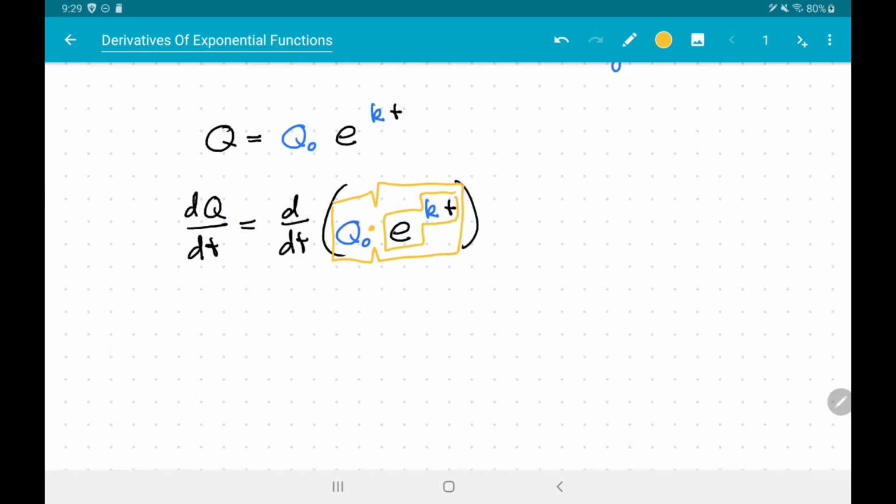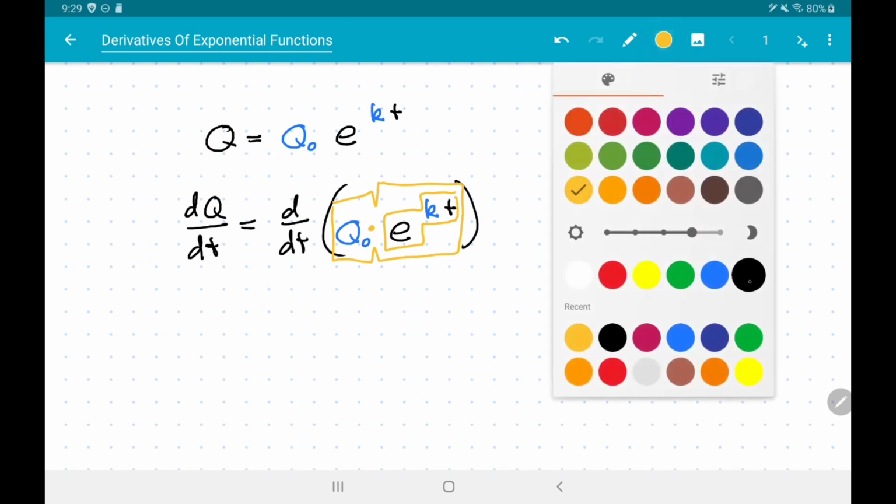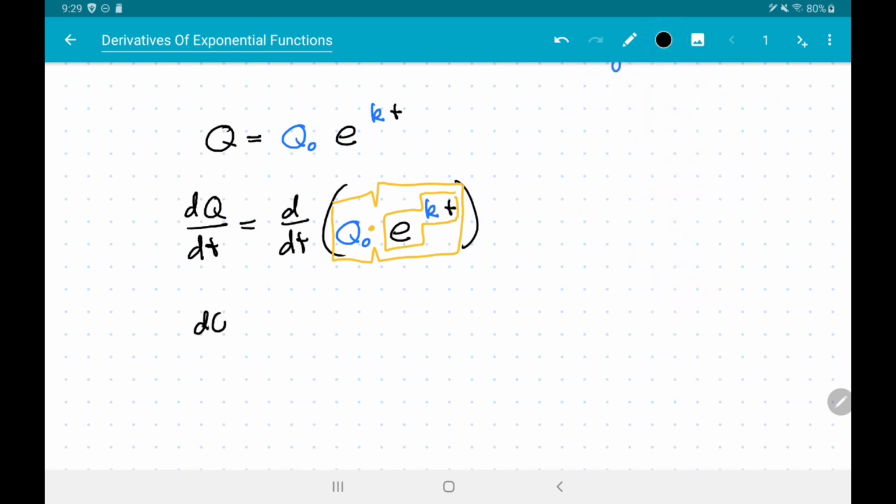This is the easy case of the product rule. This is the constant multiple rule, because we've got multiplication, but one of the things that we are multiplying is a constant. So we only need the first half of the product rule.